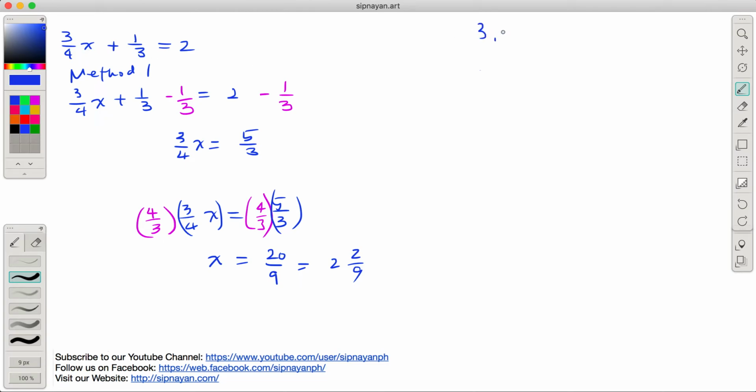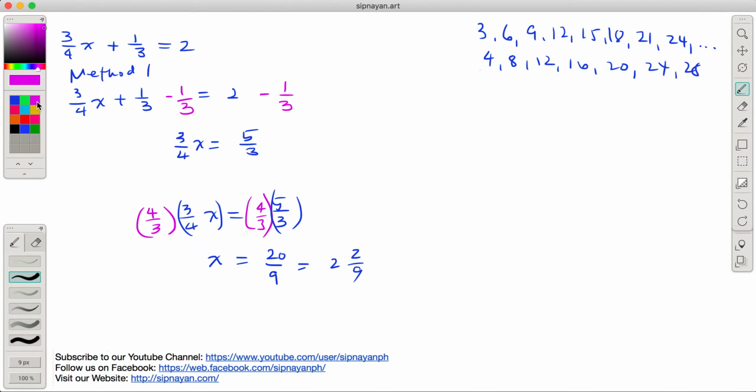So, 3 multiples muna. Anong multiples ng 3? 6, 9, 12, 15, 18, 21, 24, and so on. Now, yung pinakamaliit na common nila, tapos yung isa 4, 8, 12, 16, 20, 24, 28.